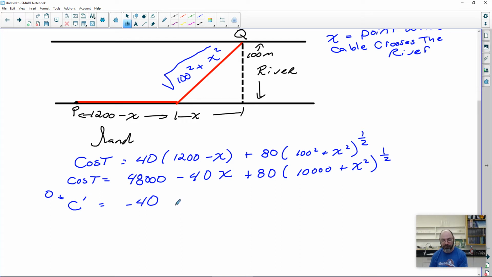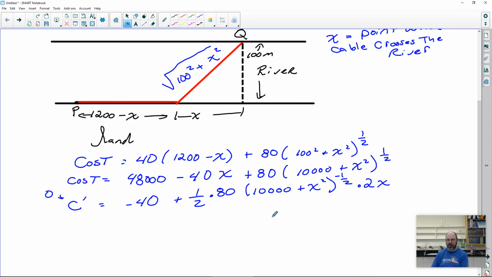So it would be plus 1/2 times 80 times this whole thing, 10,000 plus x squared to the power of negative 1/2. Then we have to chain it, so we take the derivative inside, times 2x.